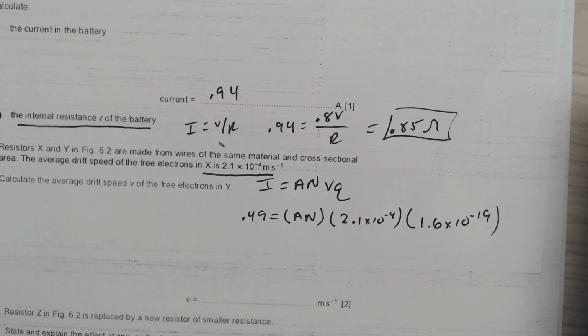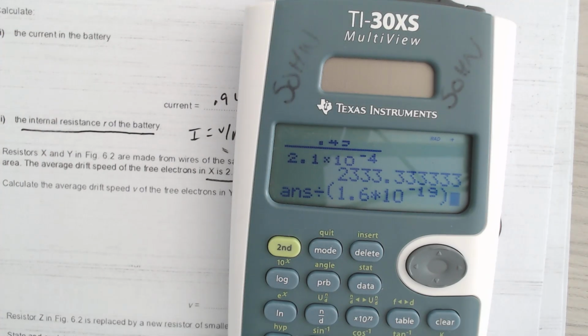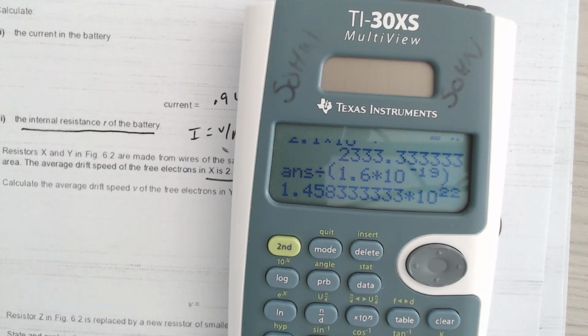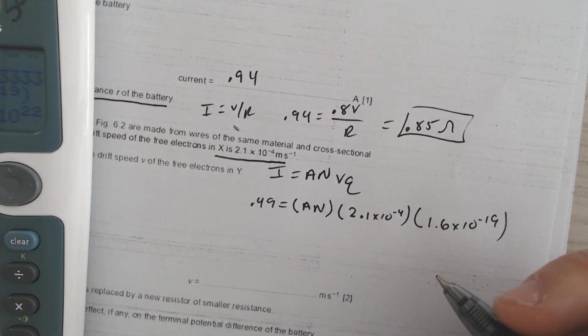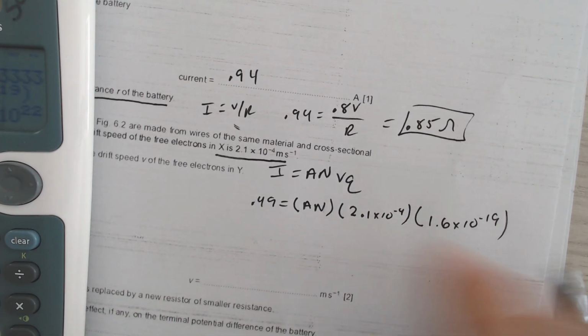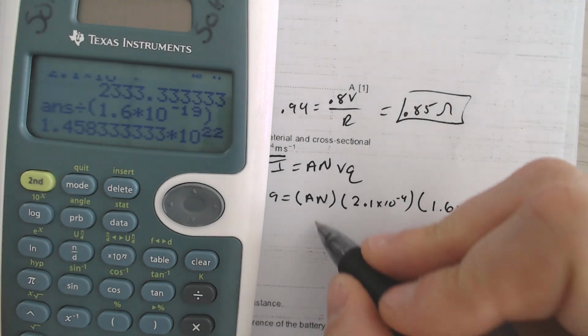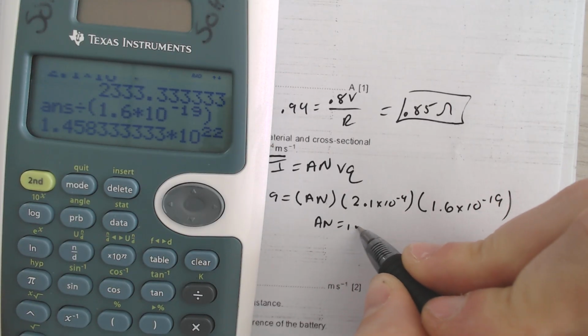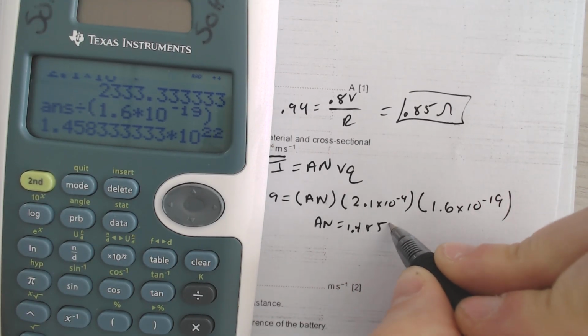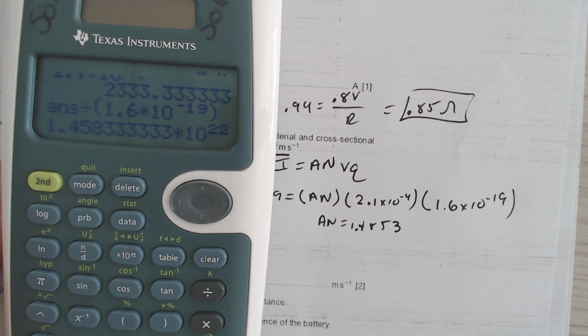Be sure to use parentheses when you're doing this, otherwise it will not work out. It'll divide by 1.6 and then multiply, and then it won't give you the right answer. You get A and N. That doesn't seem right. Uh-oh. Oh, maybe it is. It's the number of electrons. It's quite a few electrons. So I got AN is equal to 1.4853. Hopefully I did my math right.